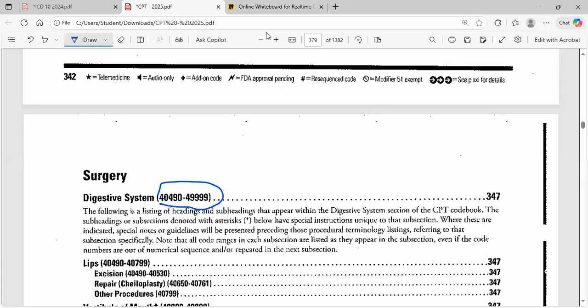So if we are on the digestive system, the gastrointestinal system, then we are going to use a code from the series 40490 to 49999. So the GI system includes the digestive tract. Digestive tract means lips, esophagus, stomach, duodenum, small intestine, large intestine, as well as the accessory organs, such as the pancreas.